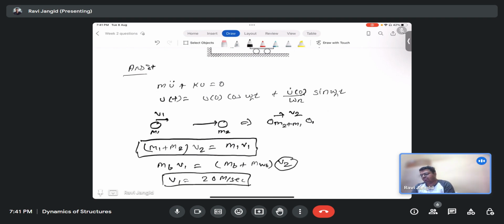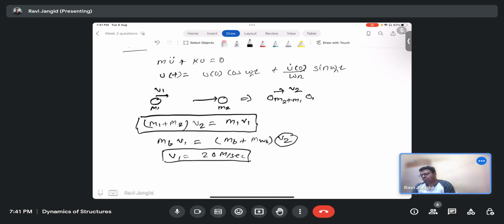Through momentum conservation, can you find v2? v2 would be mb divided by mb plus m wooden block, into v1.